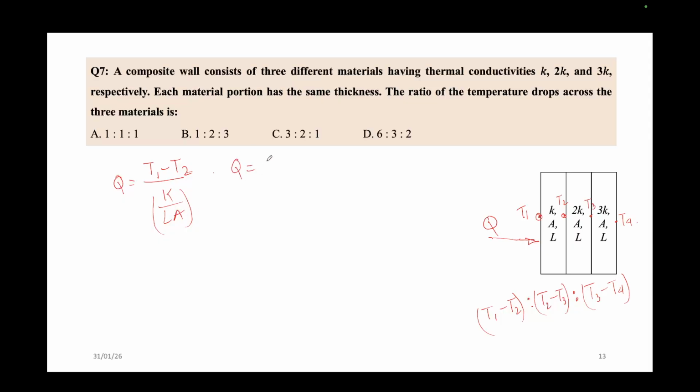So basically I can write temperature drop by thermal resistance, right? Also, I have plotted this graph, not this circuit. So if it is T1, if it is T2 and the heat is Q, this one is your R1. Next, this is analogous to this one.